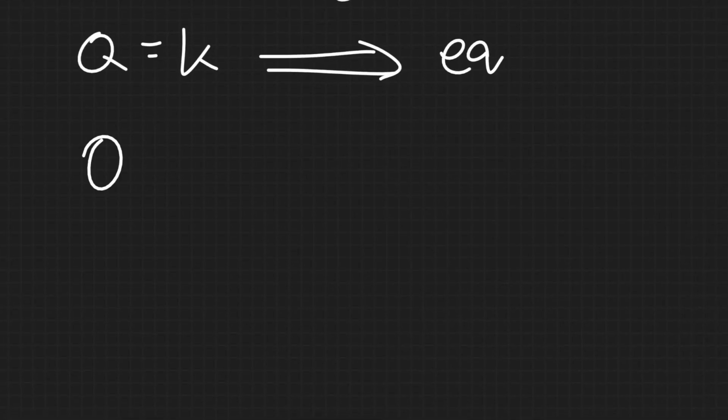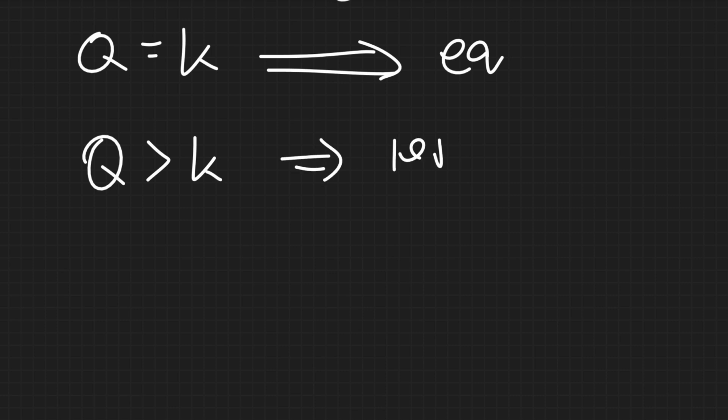If Q is greater than K, that means that our system is going to shift to the left. What does that mean? Well, if Q is greater than K, our Q value has more products. Let's say reactants are on this side and products on this side.